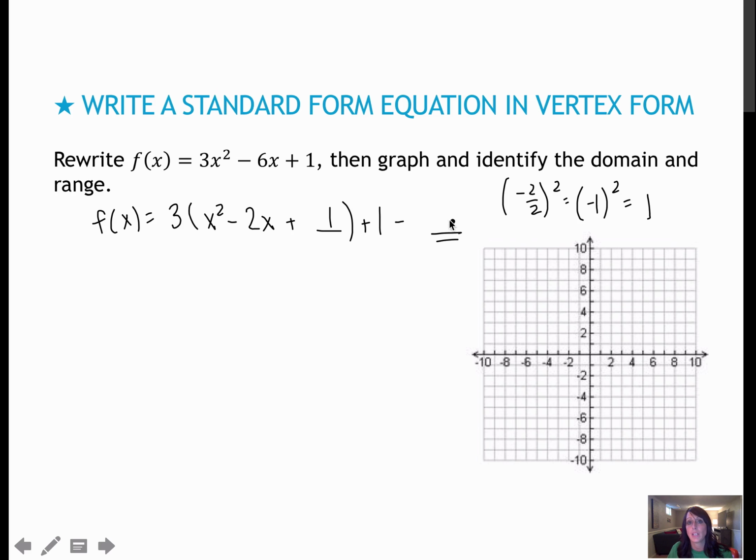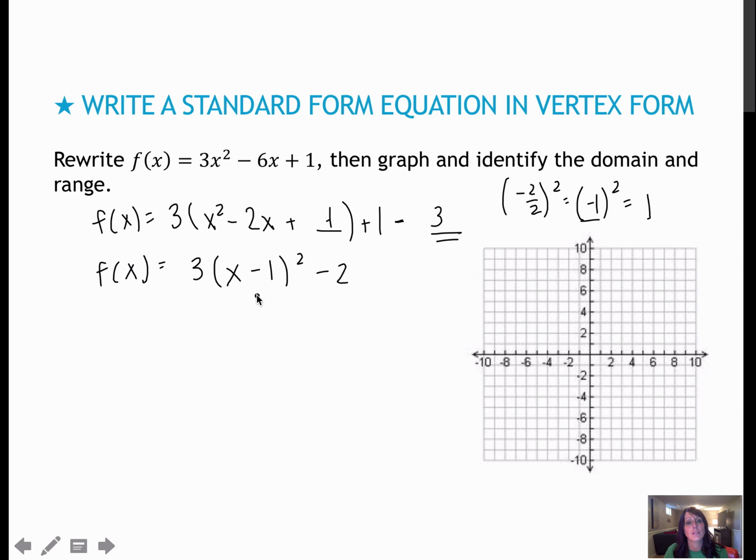I'm not going to put a 1 here because I have 3 times 1, so I've added 3, which means out here I have to subtract 3. On the inside of my parentheses, I now have a perfect square, which is x minus 1, quantity squared. 1 minus 3 is negative 2.